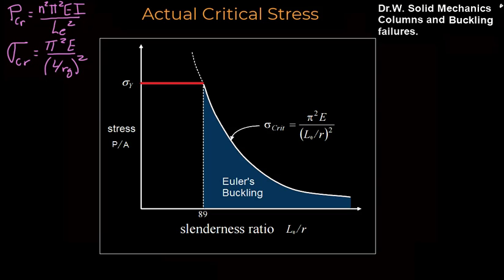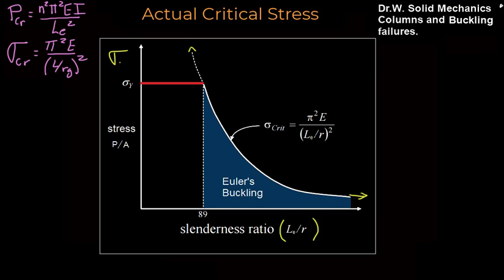Taking a closer look at this critical stress, we can see that if we plot the stress versus the slenderness ratio, it forms an inverse square relationship with the L on r slenderness ratio, and as such, we get this hyperbolic shaped curve here, which goes off asymptotically in both directions.